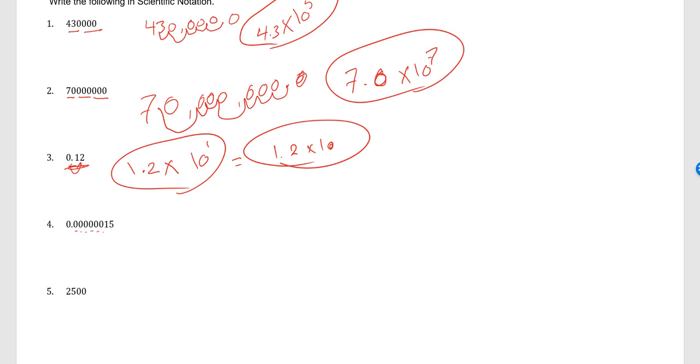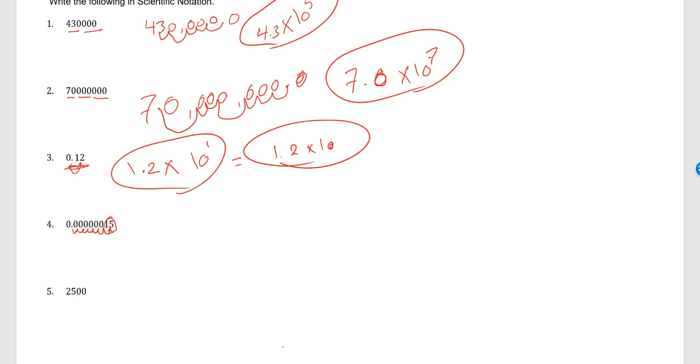0.00000015. So there's 6 zeros, in which case the decimal point would have to move 6, 7 positions. Okay, so you're going to have 1, 2, 3, 4, 5, 6, and then 7, because again, my coefficient needs to be between 1 and 10, so I can't have a coefficient of 0.15.